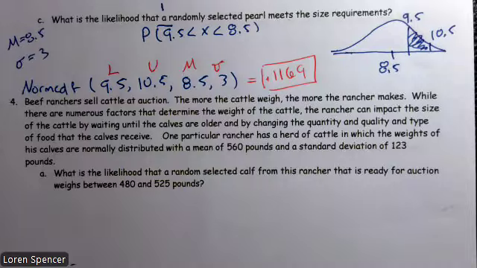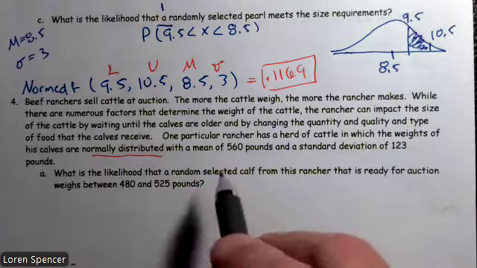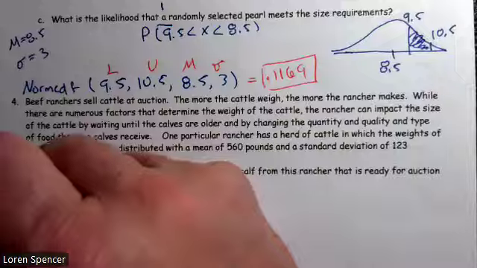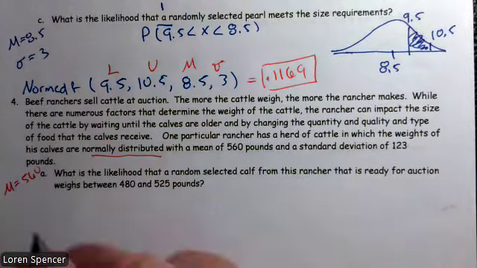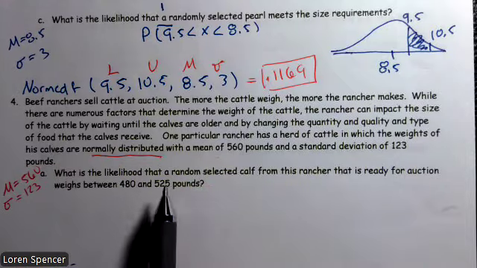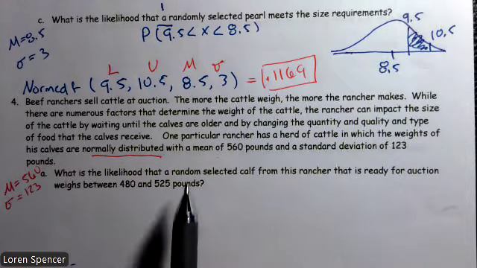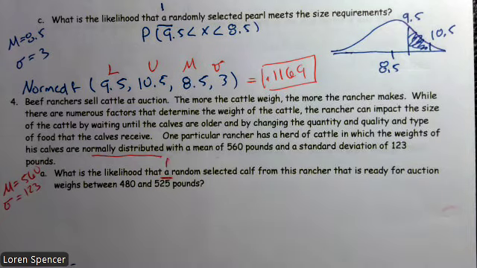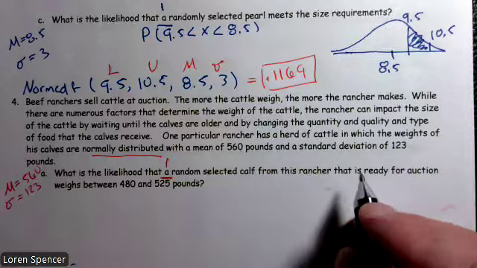One particular rancher has a herd of cattle in which the weights of his calves are normally distributed with a mean of 560. So I'm going to note that down, mean of 560, and a standard deviation of 123. What is the likelihood that a randomly selected, I see the word random, that means 1, anytime it's 1 it's a normal CDF, calf weighs between 480 and 525?